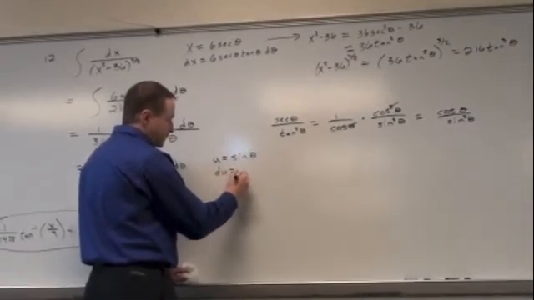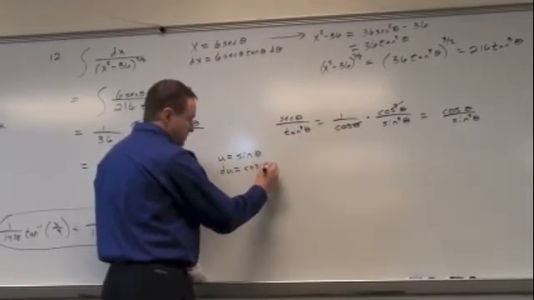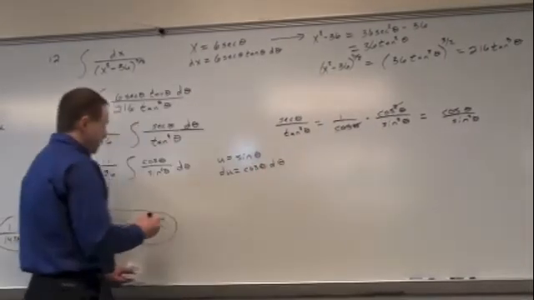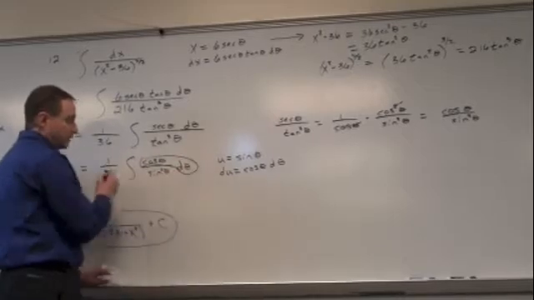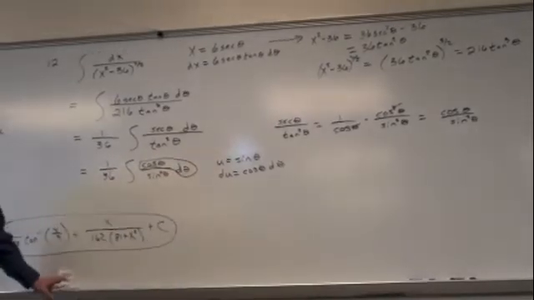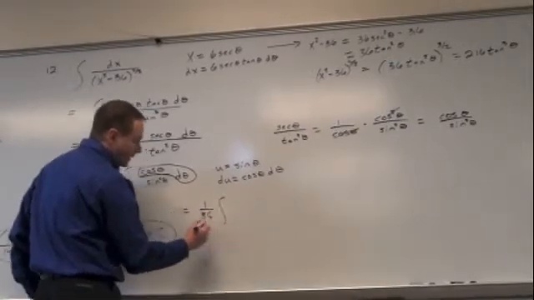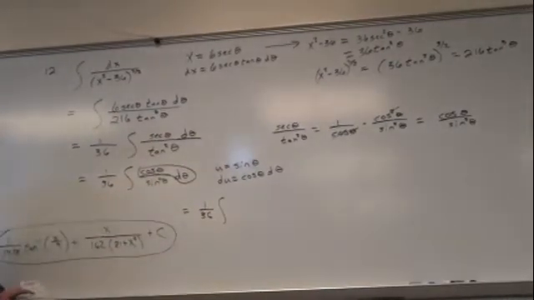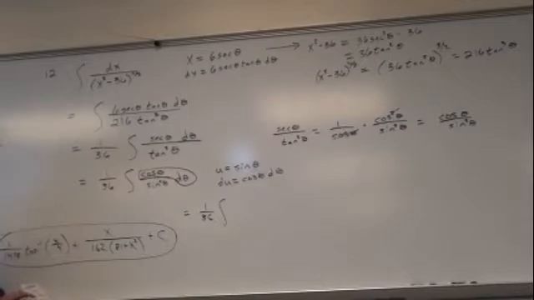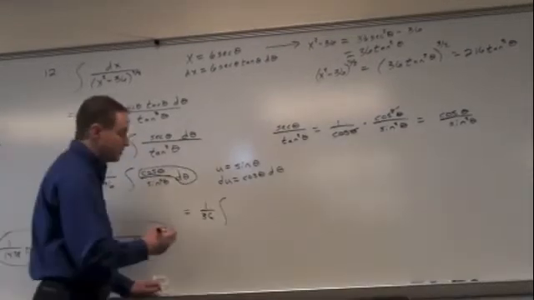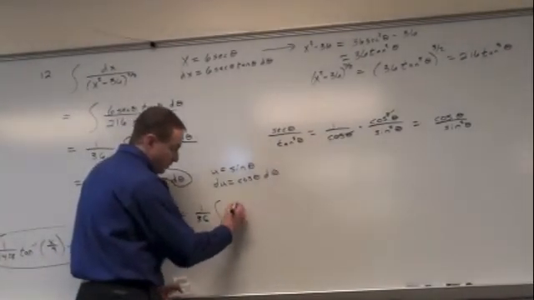Then the derivative of u is going to be the cosine of theta with respect to theta. So I know all of this just becomes du, and this is equal to 1 over 36 on the integral of 1 over u squared du. I would rather write that as u to the negative 2 du.